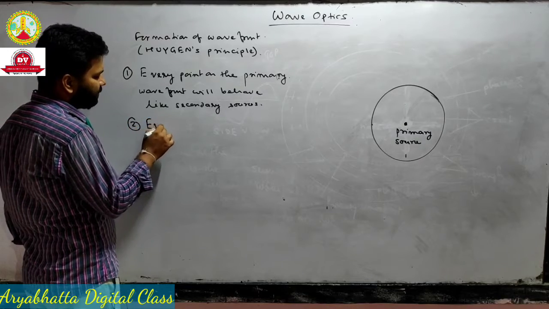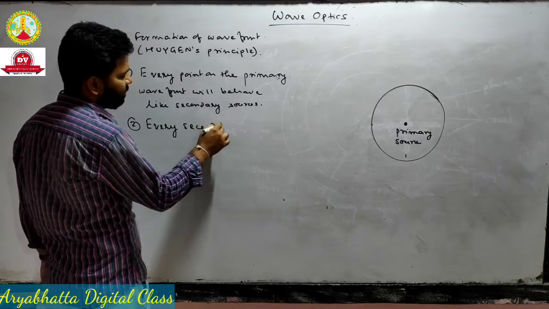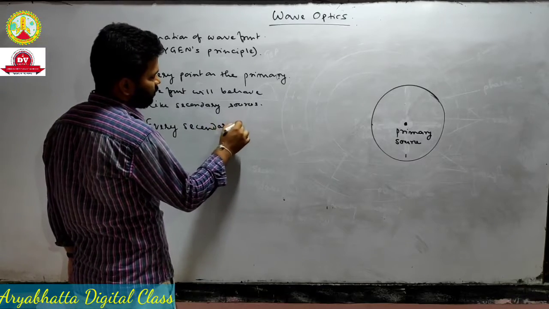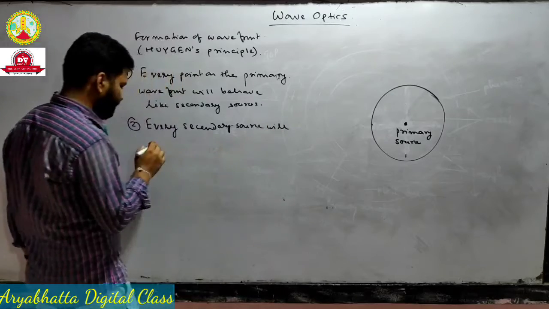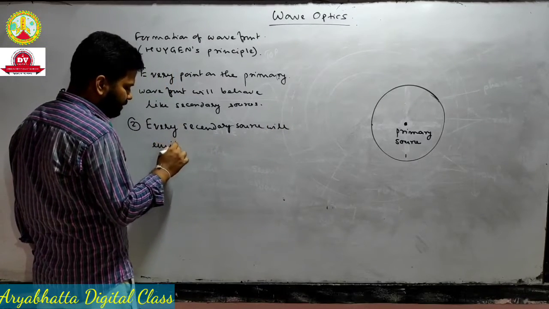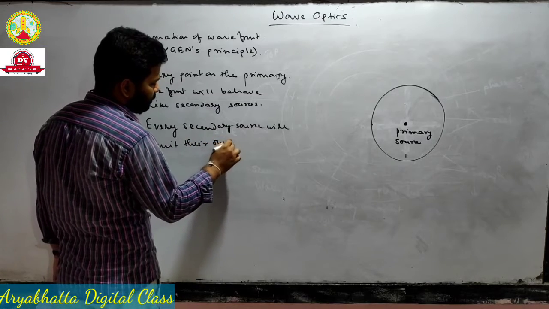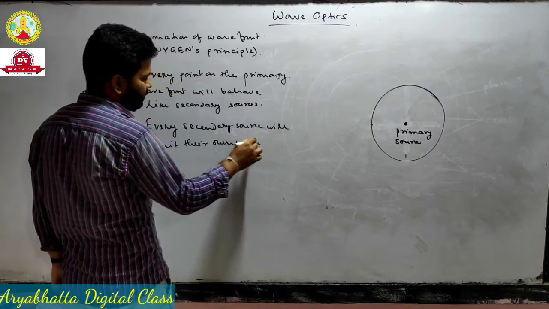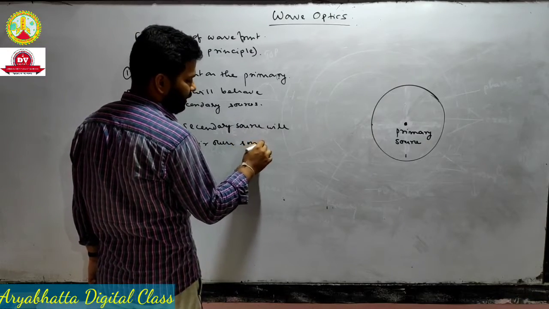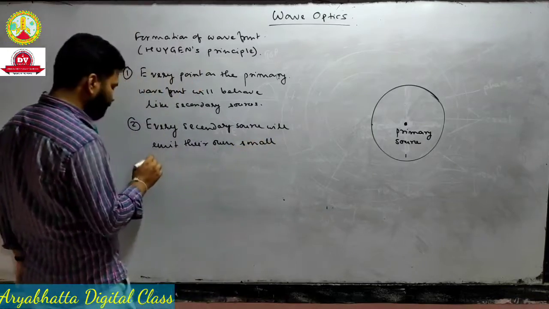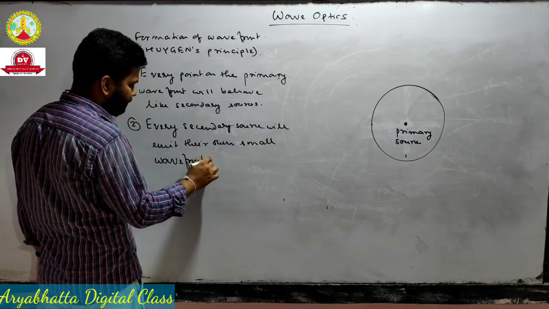That every secondary source will emit their own wavefront. अच्छा, these will be small, will emit their own small wavefront. और small wavefront का नाम क्या है?